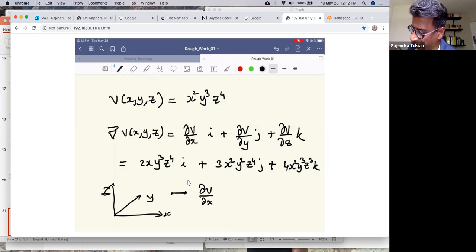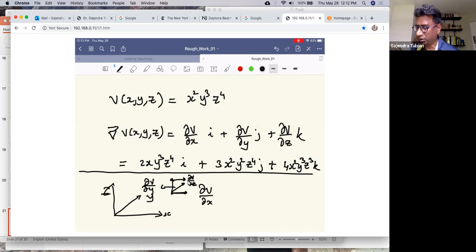Del V by del y would tell you how the function changes along the y-axis. And of course, now you guessed, del V by del z tells you how the function changes as you move along the z-axis from any point.